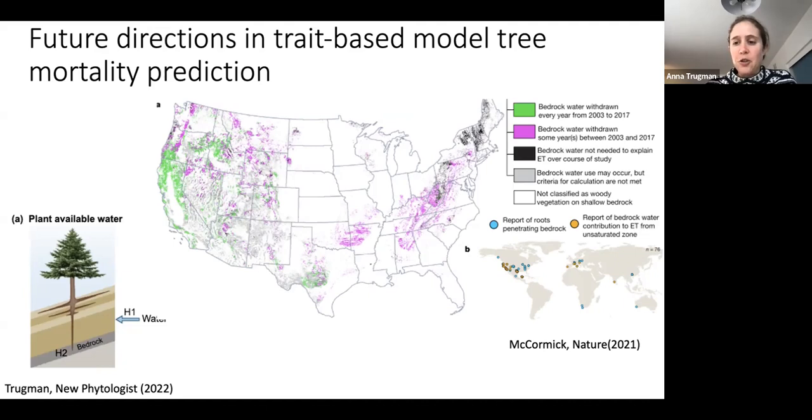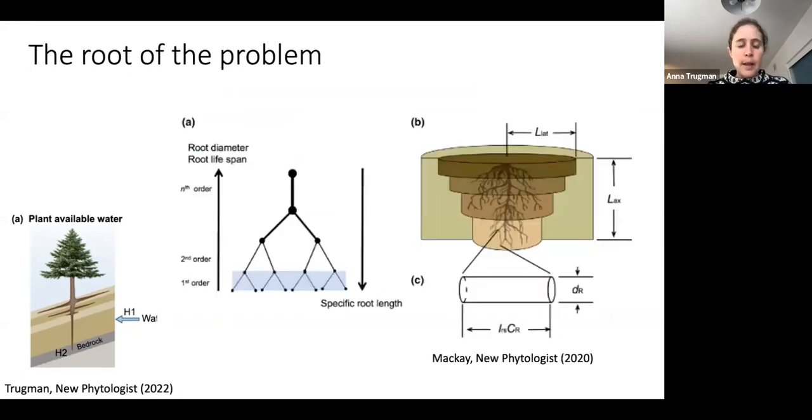And so they've mapped years where bedrock water is withdrawn roughly every year over a 1.5 decade period, where it's sometimes required and where it's not needed. And so these types of data sets have a lot of potential to be used in forest land surface models in some cases, where you have trait-based vegetation models incorporated in these land surface models.